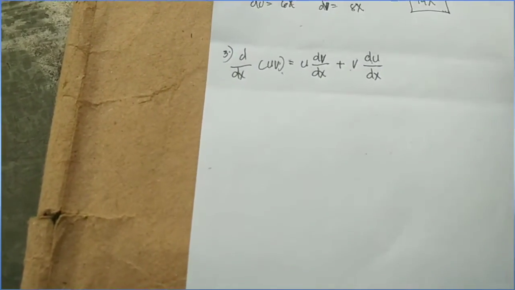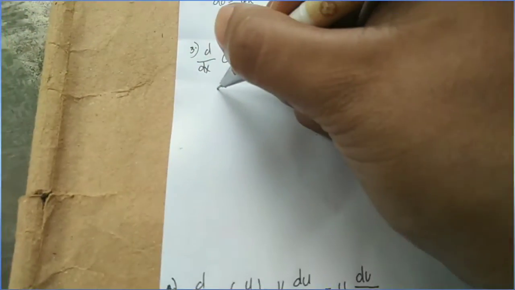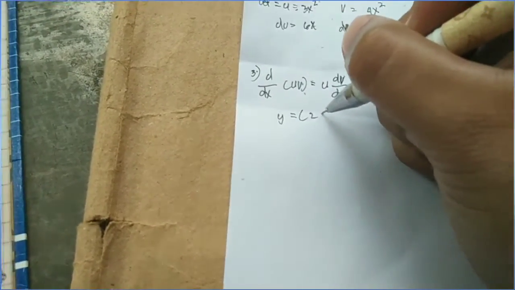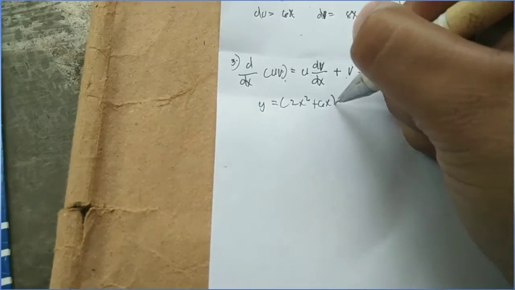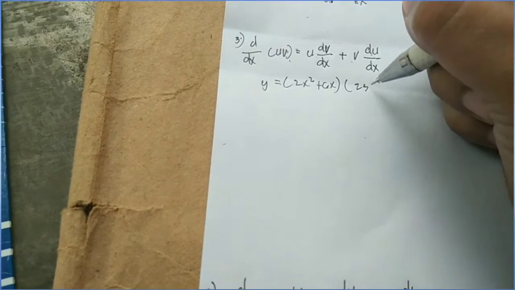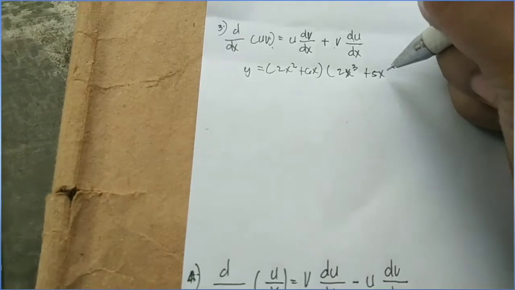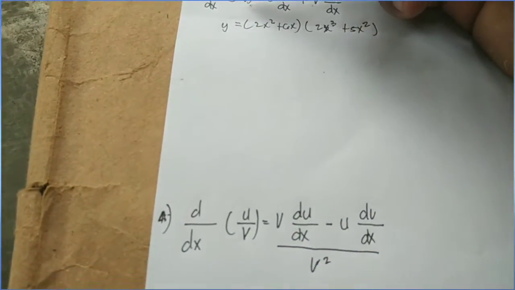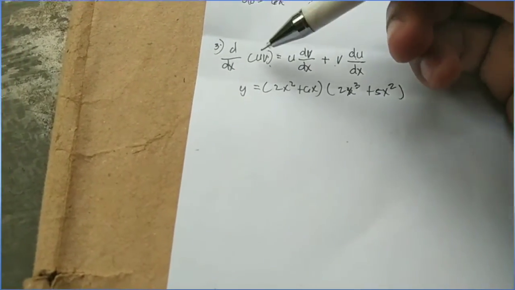For example, we have y is equals to 2x squared plus 6x times 2x cubed plus 5x squared. First you need to find your u and v.